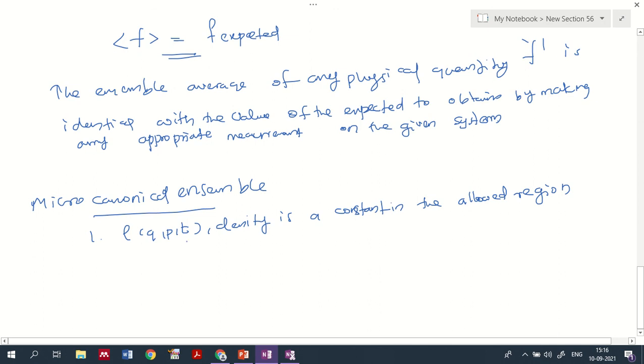In that condition, the density is constant. That's the first thing we identified for a microcanonical ensemble.